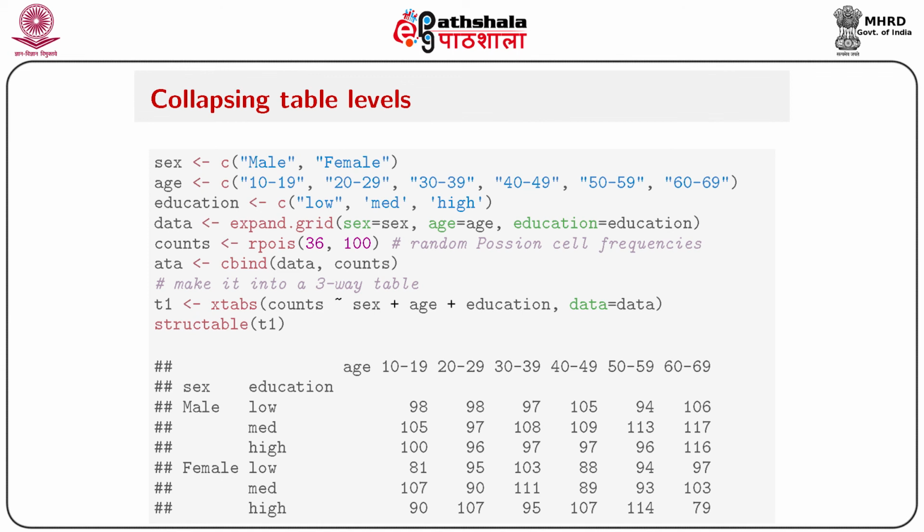Next, we'll learn how to collapse table levels. Sometimes, due to very small frequencies of some levels, we may need to merge or collapse them to make the data appropriate for a chi-square test or any other statistical test. It is not so difficult, it's very simple.